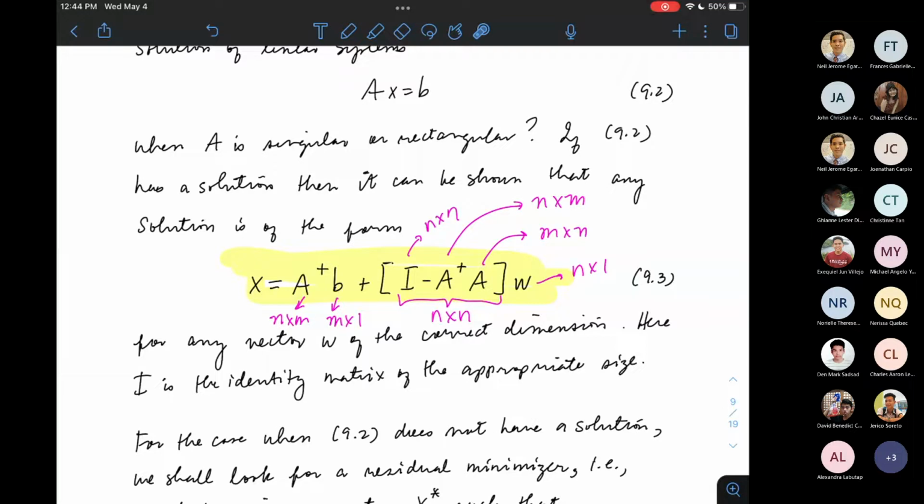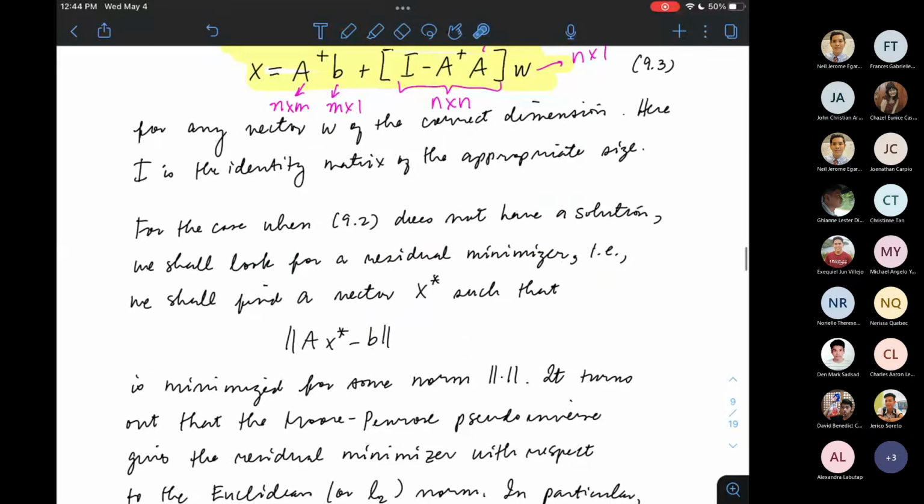Or what are the best vectors that we can call solutions, quote unquote, for AX equals B para sa mga inconsistent systems? And usually, ang kino-consider natin para dun sa magiging solution ng isang inconsistent system ay yung vector na makakapagbigay ng pinakamababang residual. Right? Or that's what I called here the residual minimizer.